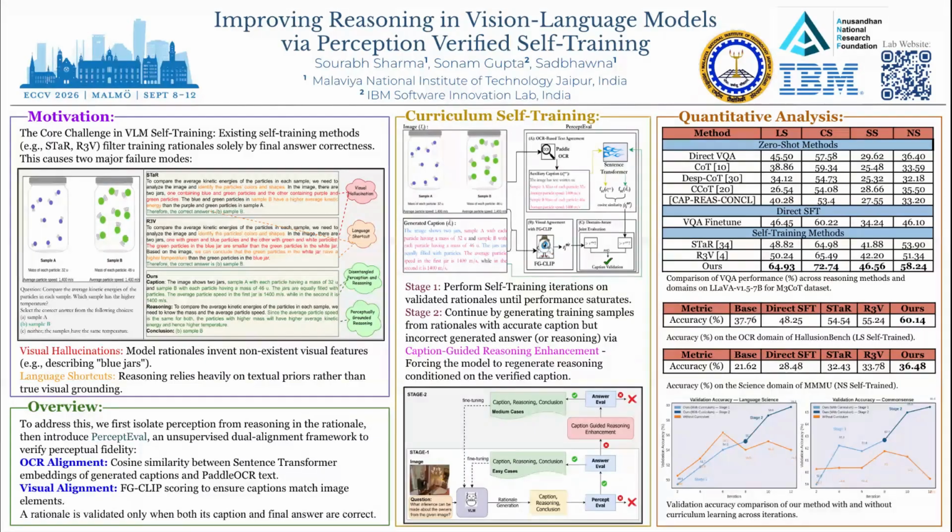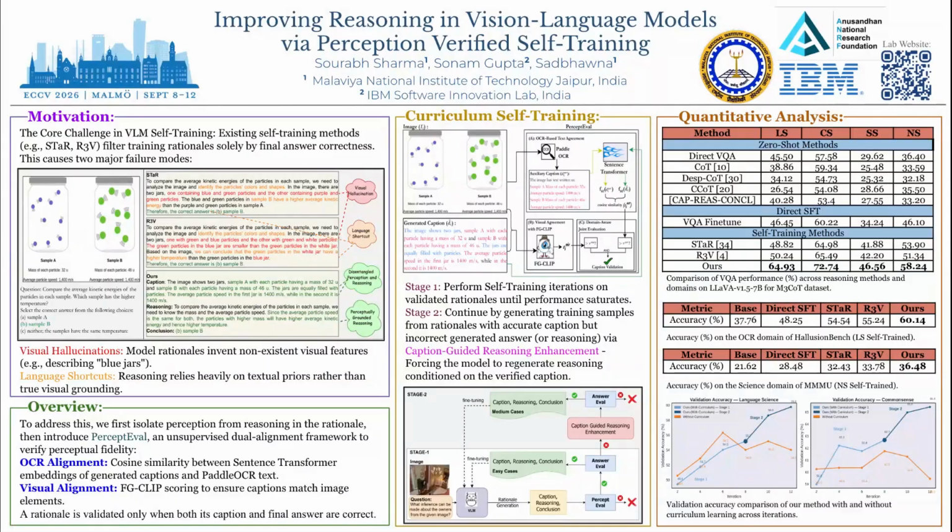So it checks whether the visual details mentioned in the predicted caption align with the image or not. It gives a score, and we check whether the score is greater than some threshold. If it is, we can say the predicted caption is in accordance with the visual details present in the image.